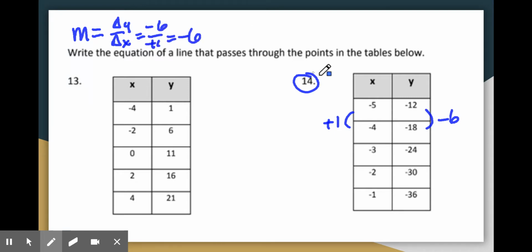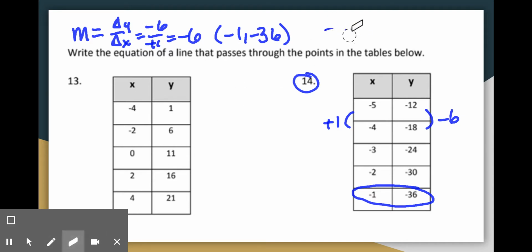And then I need to pick a point. I can pick any one of these. All of them are okay. I'm going to pick, I guess, this one down at the bottom here. Doesn't matter. You pick any one you want. So negative 1, negative 36. So here's my line in point-slope form. Let me do it underneath, it gives me a little more room.